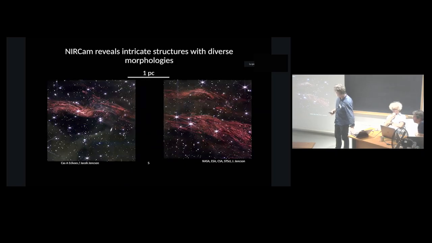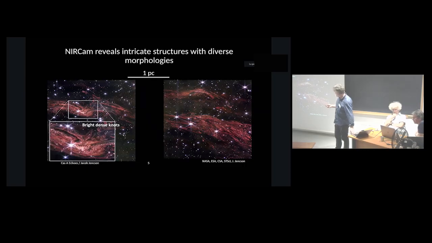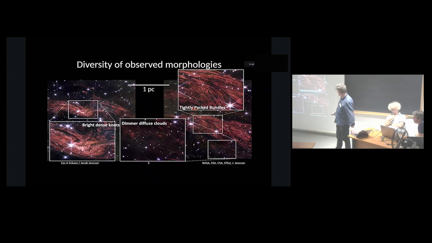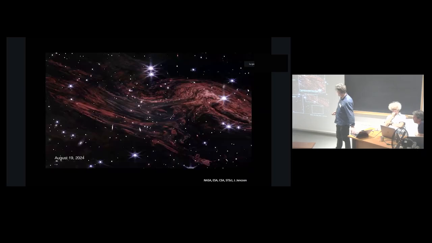The first observations are coming, and we are observing this right now. What you see here is 1 parsec, so we are looking at milliparsec scales of the CNM. We see very interesting filamentary structures at the milliparsec scale with these observations, and more diffuse clouds.